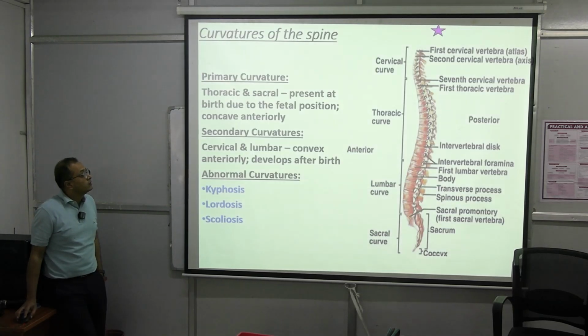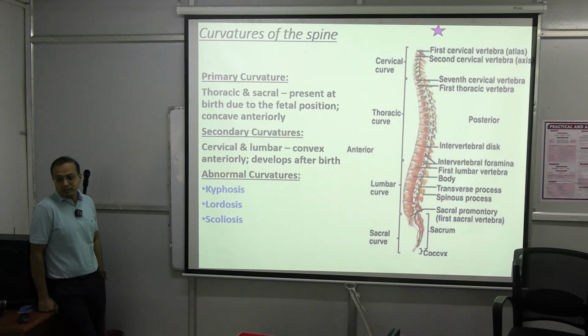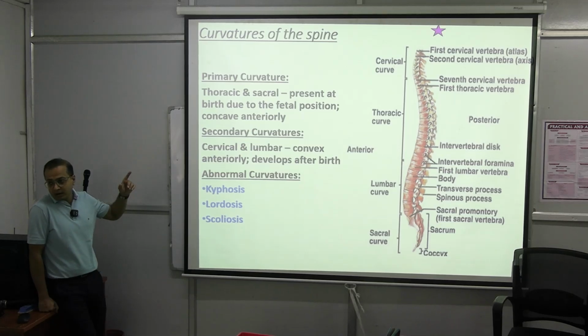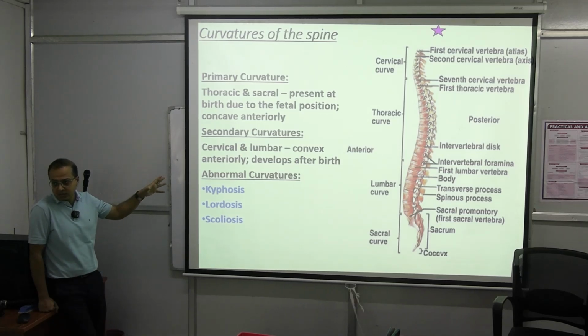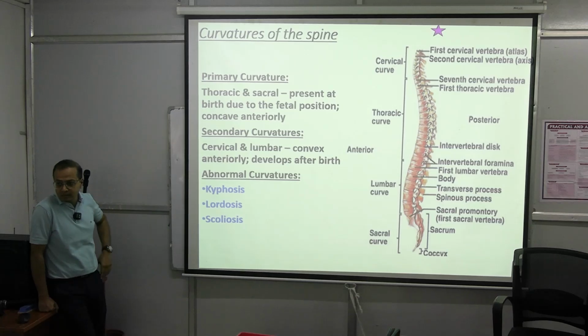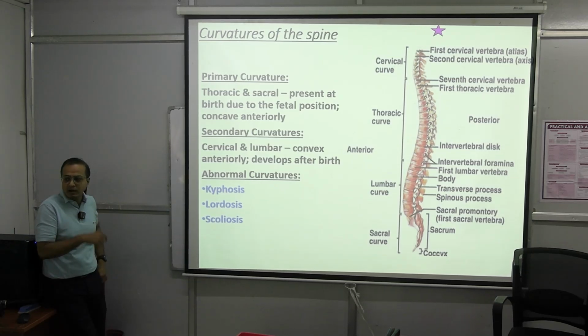Now coming to the curvatures of the vertebral column. It is not a straight structure; it has bends, which we call curvatures. We can classify the curvature into 2 types, primary and secondary. The primary curvature is the C-shaped curvature that we are born with.